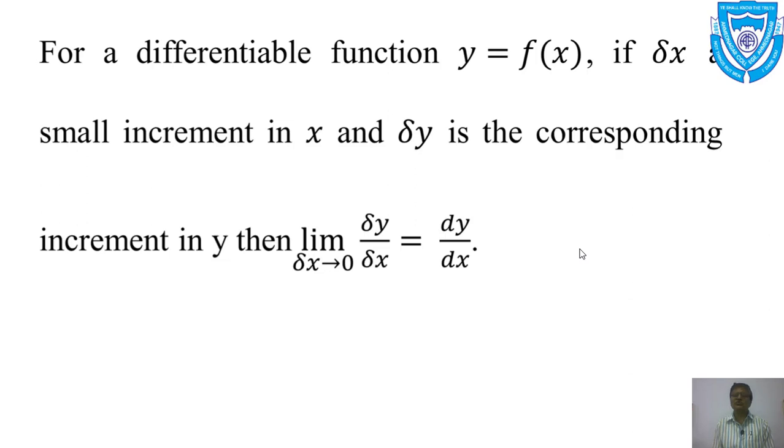This is also a modified definition of dy by dx. This ratio delta y upon delta x is called incremental ratio. Delta x is called increment in x and delta y is the corresponding increment in y. And if we take limit of the ratio delta y upon delta x, and if this limit exists, it is called the derivative of y with respect to x.